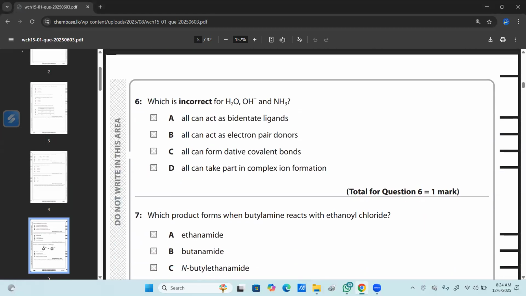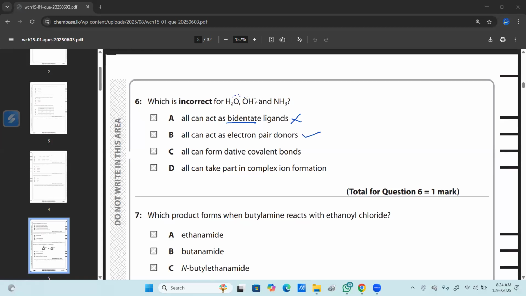Which is incorrect for water, OH minus and ammonia? All can act as bidentate ligand. Bidentate ligand means, children, it should be able to form two dative covalent bonds with the central metal ion. But we know these three are monodentate ligands, so it's wrong. All can act as electron pair donors. That is correct. In water, you have a lone pair on oxygen.